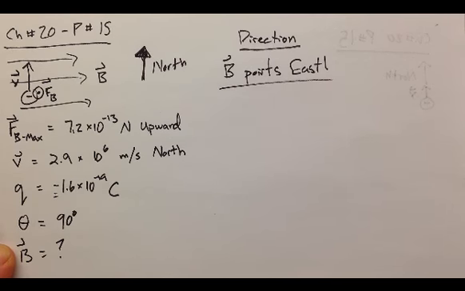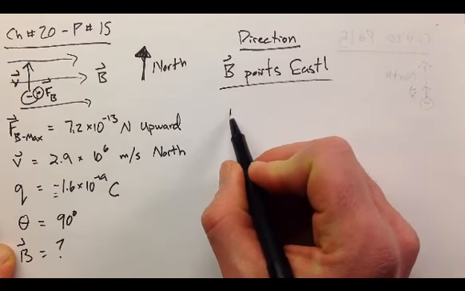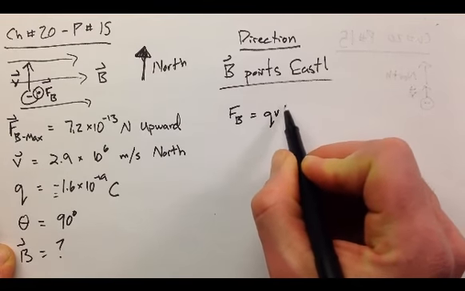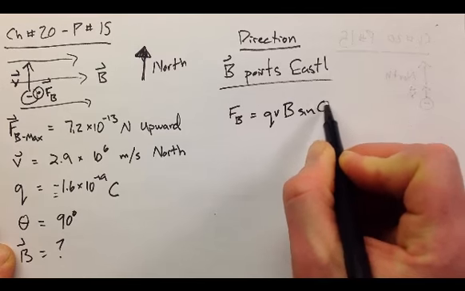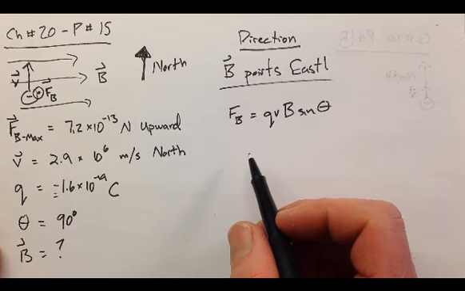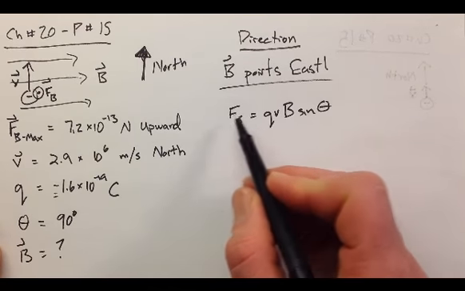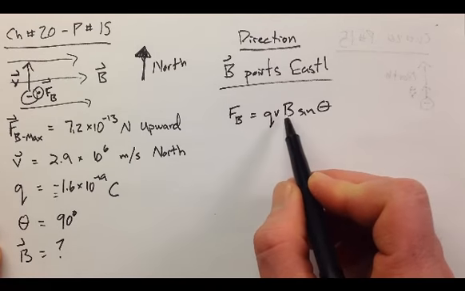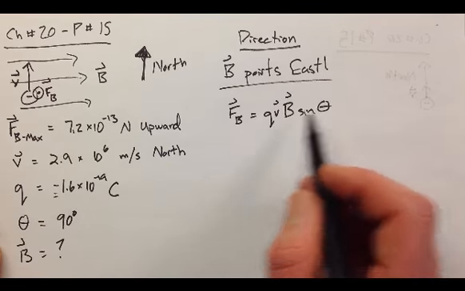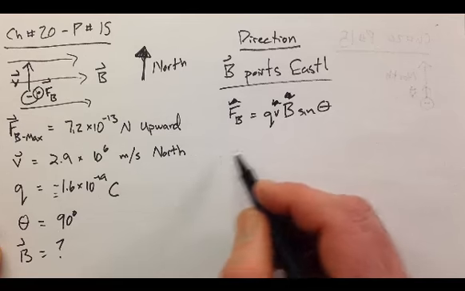Now that we know the direction of the magnetic field, let's figure out its magnitude. Our equation is that the force due to the magnetic field is qvB sine theta, where theta is the angle between v and B. We know the direction is going to be east. These are vectors, F, v, and B, although this is not a vector equation as written, so I'm not going to write them as vectors.